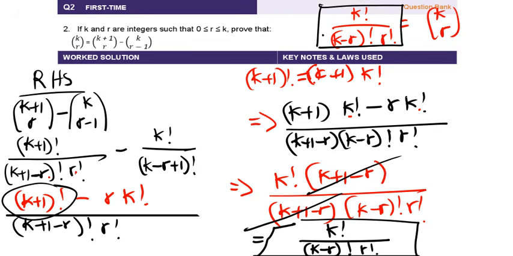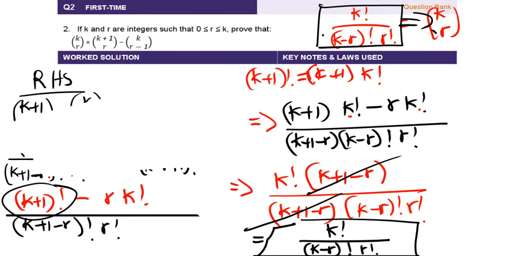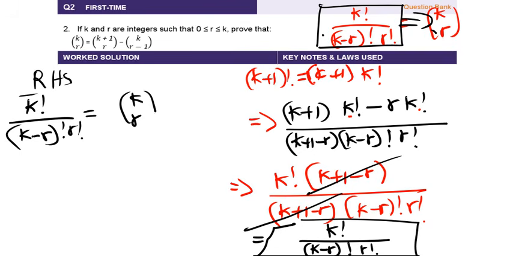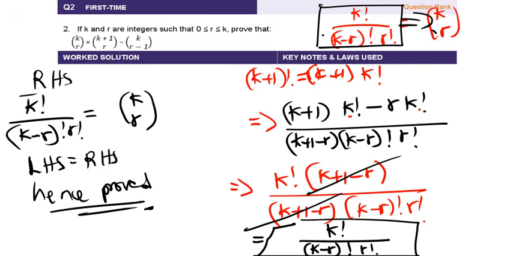When you reach this point, you just say we have reached k factorial divided by k minus r factorial r factorial. This is the same as k choose r. So the left hand side is equal to the right hand side. Hence, proved. So that's how you prove such types of identities.